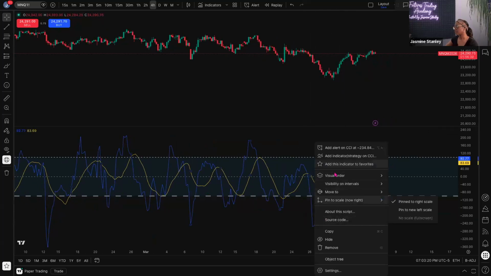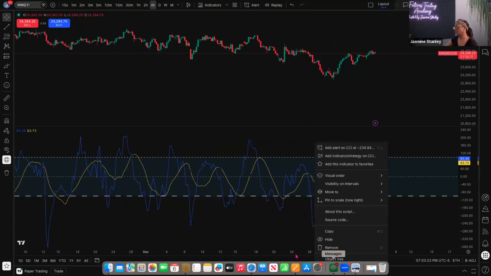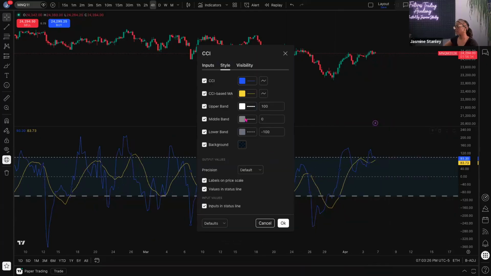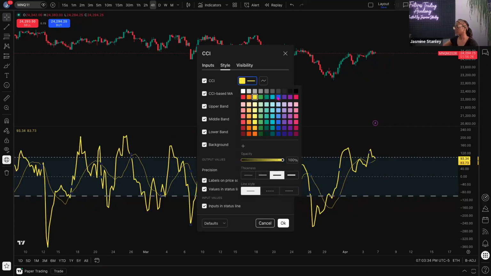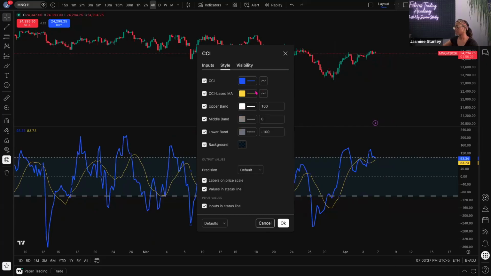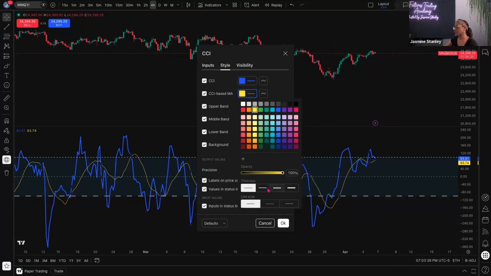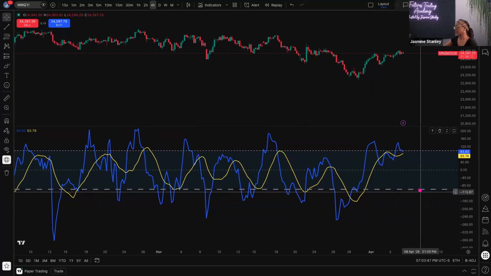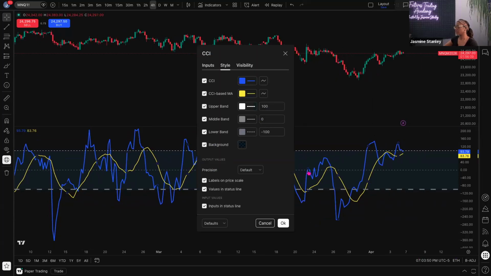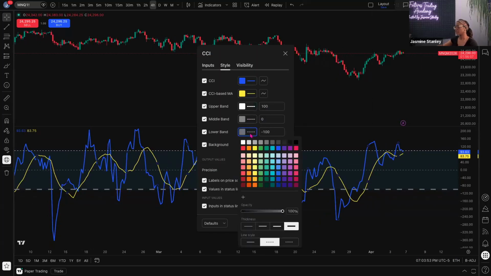I can make this one thicker too. No more of this dotted bottom line, making that not dotted.